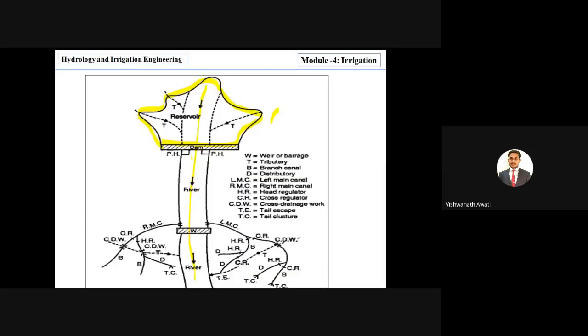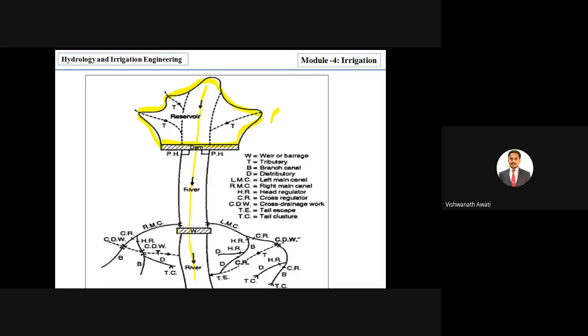Then it depends: for example, if it is hydro power generation, then water is supplied for power generation. After using it for hydroelectric generation, the water is again collected into the river, and then there is a construction of a weir.